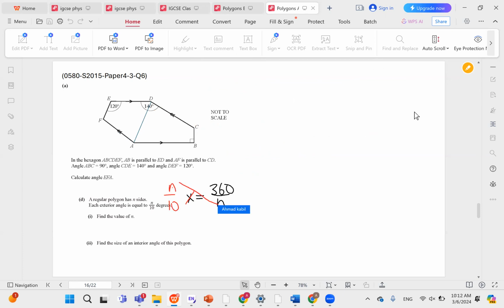And then we can just cross multiply. And we can say that n squared equals 360 multiplied by 10. So therefore, n squared equals 3,600. So therefore, n equals 60, which is the square root of 3,600.